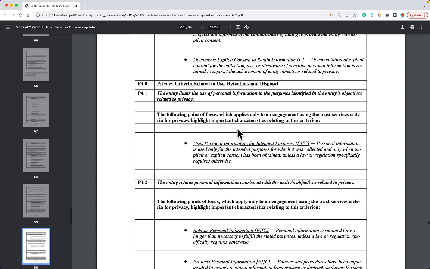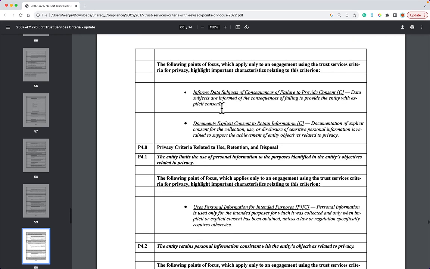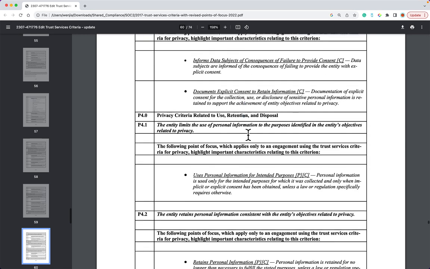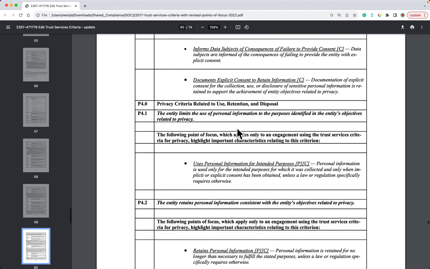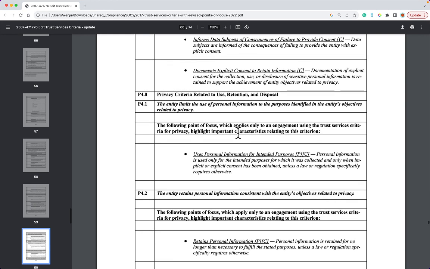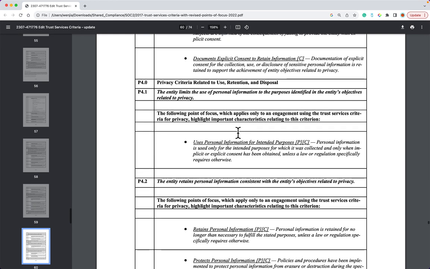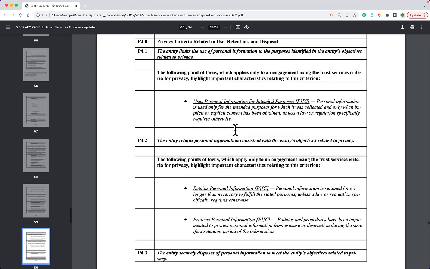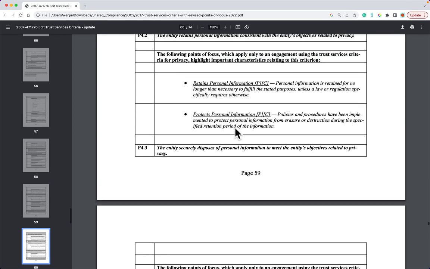Like you have to tell the user explicitly what kind of information you're gonna gather and how you're gonna use it. You need to have the data subject's agreement, and you cannot use it illegally or in any way the user does not know.